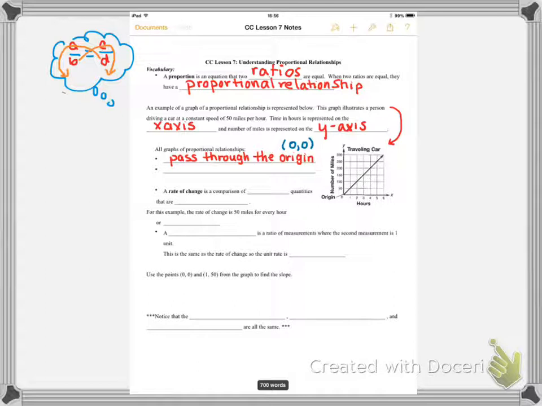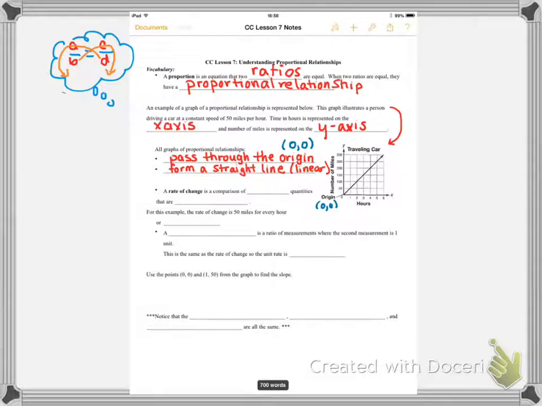So if graphs are proportional in relationship, they pass through the origin. And the other statement that is true of all graphs that have proportional relationships is that they form a straight line, which at this point you have a lot of experience with. Another word for that is linear, and you've been dealing with linear equations.